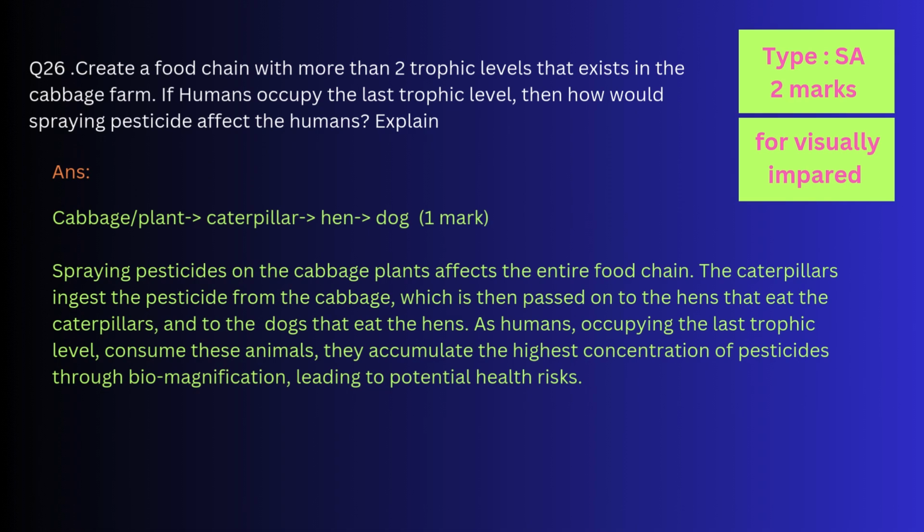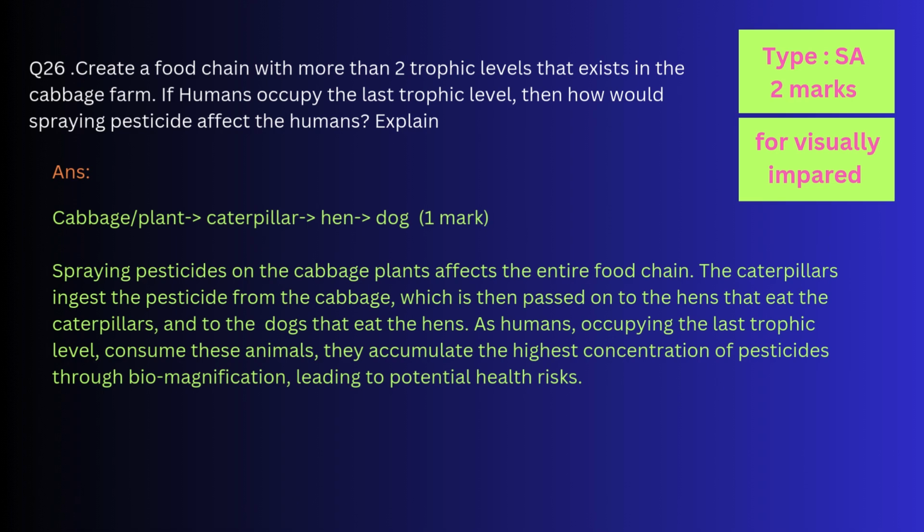For the visually impaired students, it is almost the same question but without a diagram, and making the student prepare the food chain kind of gives the mental picture to the student to frame their answer. The food chain we have taken is that of the cabbage plant, caterpillar, hen, and dog. And then how these pesticides on the cabbage plant affect the entire food chain.